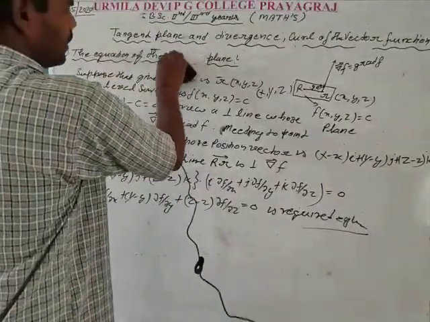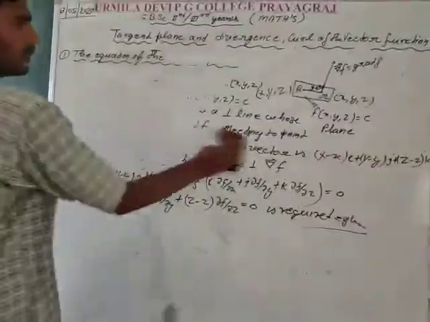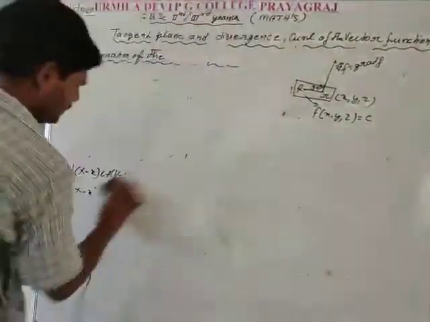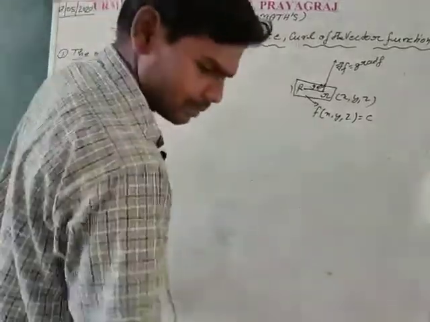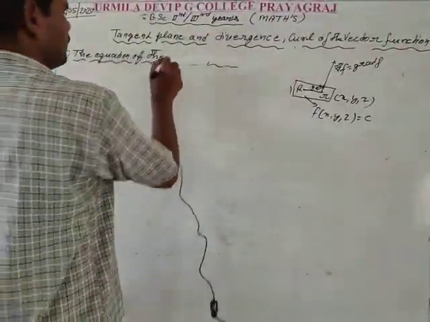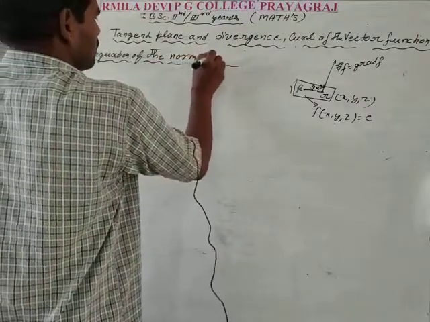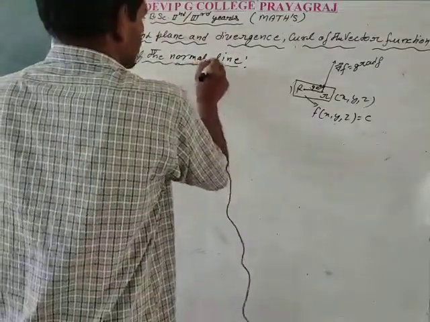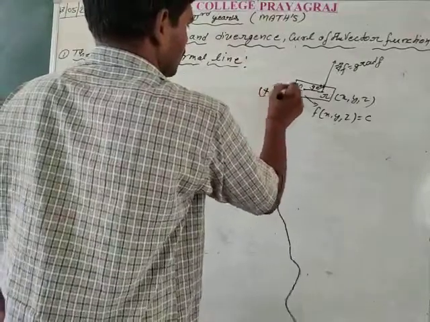Now next consider the equation of the normal line. In this case the figure will be the same.